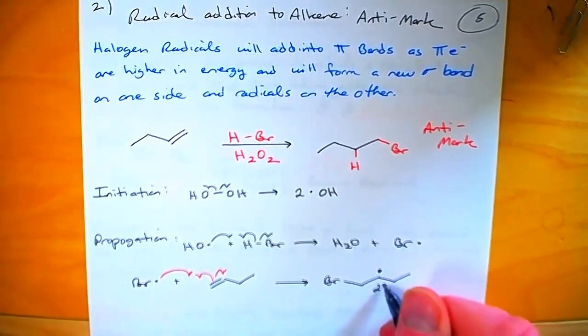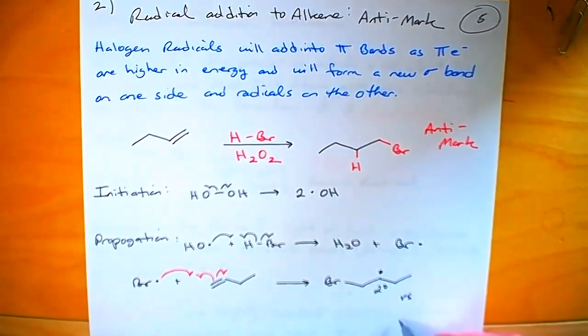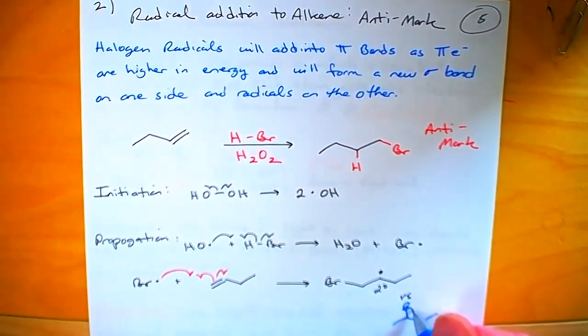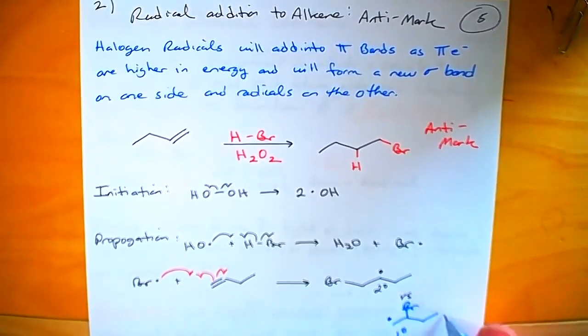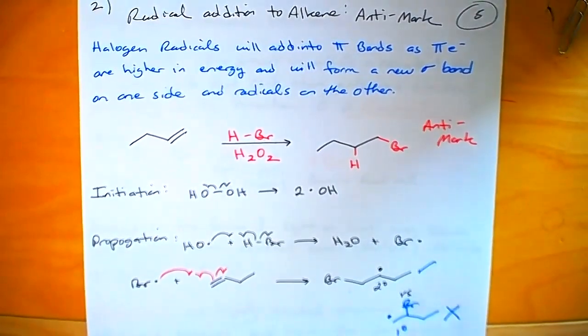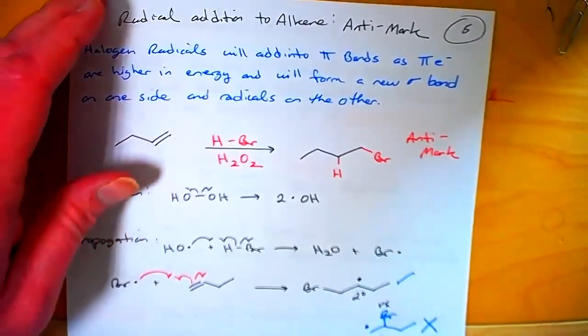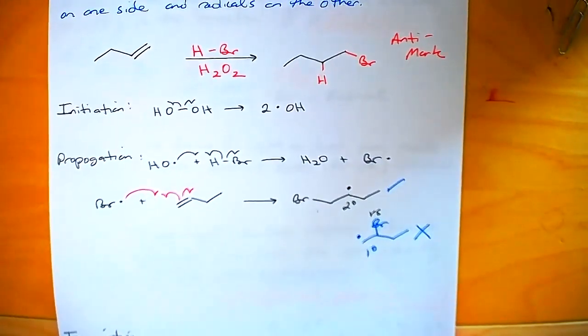So here this is a secondary, as opposed to, say, if it added in the other way, where the radical would be at this position, and that's primary. So we don't see as much of this as we do of the other one. So that's why you're seeing that bromine effectively going on the carbon on the end.